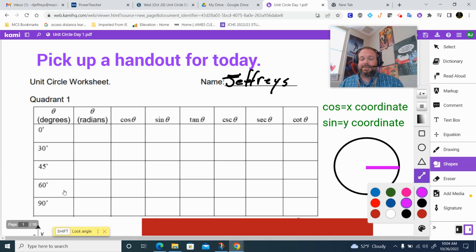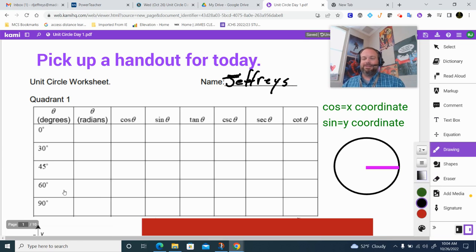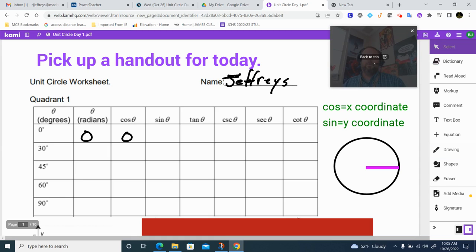Now, as we're filling this out, 0 degrees, 0 radians. It has a cosine of 1, a sine of 0.